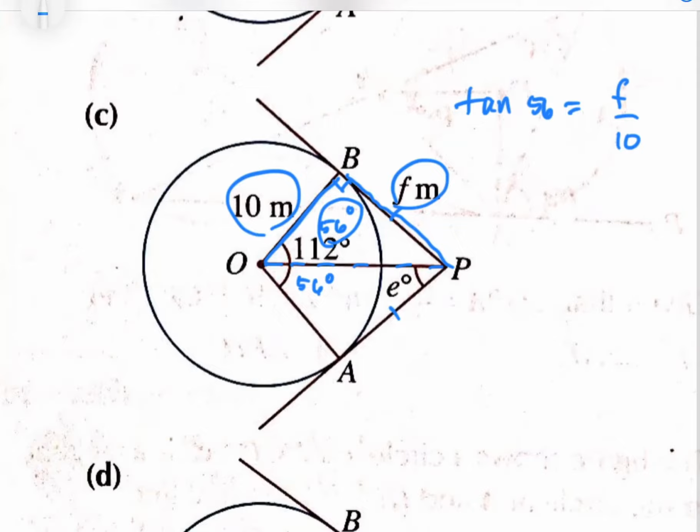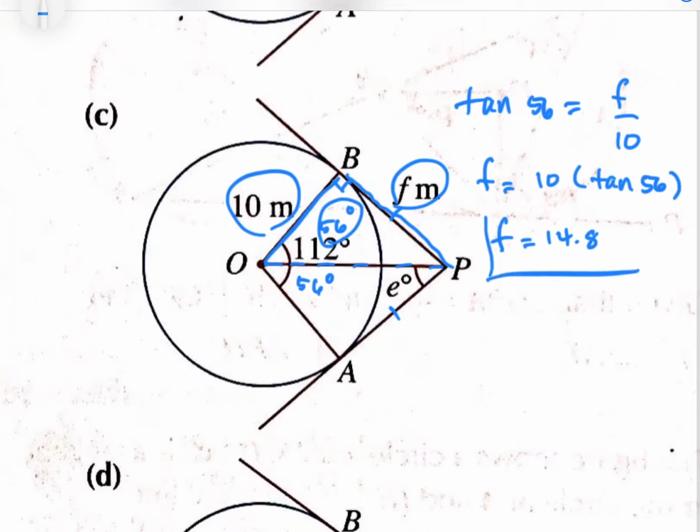So our F is equal to 10 multiplied by tangent 56. Okay, your calculator must be in degree mode. You should have an answer that is 14.8. This is to 3 significant figures.